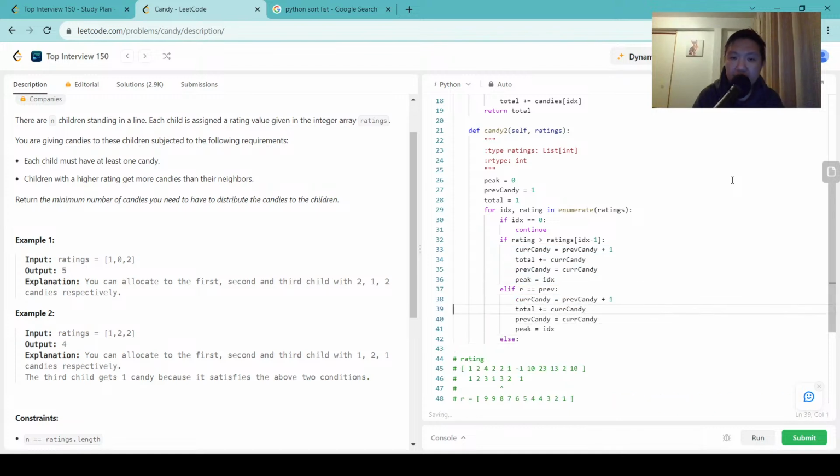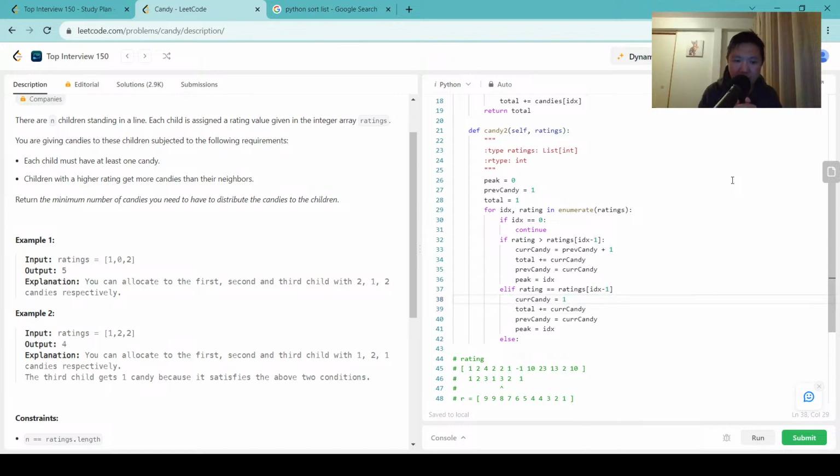If rating is the same as the previous one, then current candy equals 1. Right?